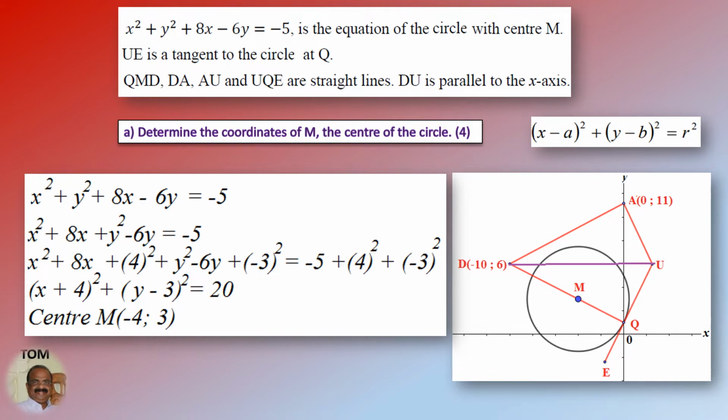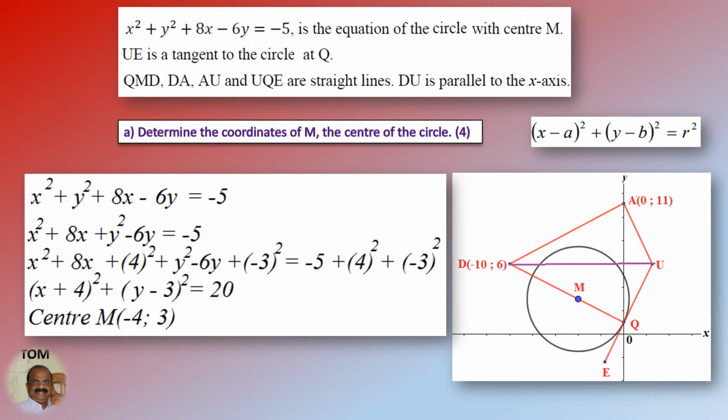Same thing with the y terms. We take the coefficient of y, that is minus 6. Half of minus 6 is minus 3. We add the square of minus 3 on both sides. Now look at that. x square plus 8x plus 4 square is the expanded form of x plus 4 whole square.